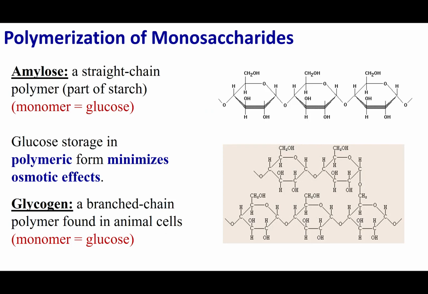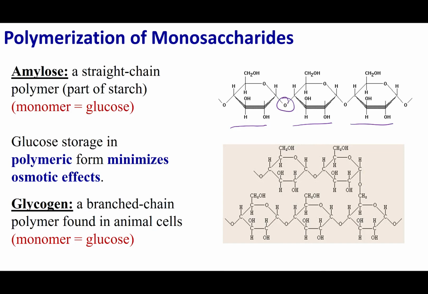And this is what biology does with simple sugars. These simple sugars store a lot of energy, so I do not want to get rid of these simple sugars. So what biological organisms do is they polymerize these simple sugars and store them. So I can go ahead and take a simple sugar, combine it with a simple sugar, making that glycosidic linkage, and I can do this over and over again.